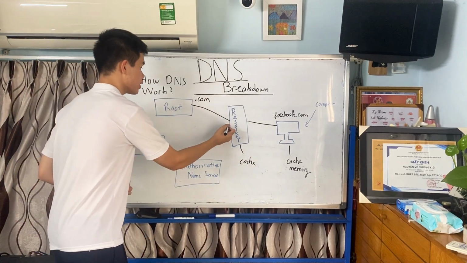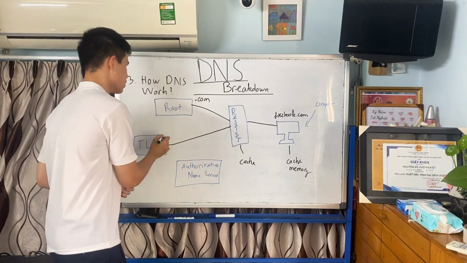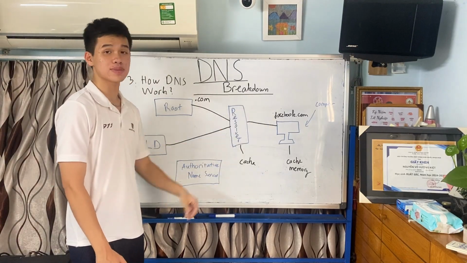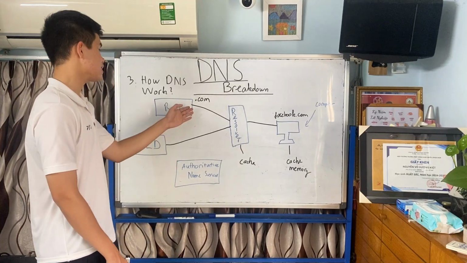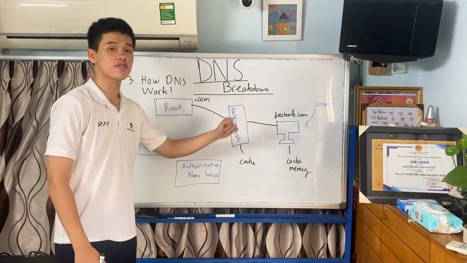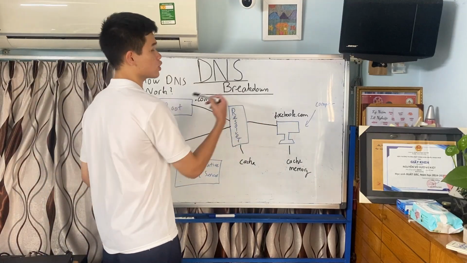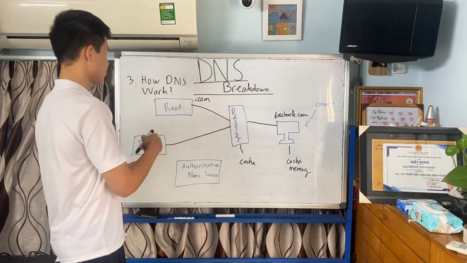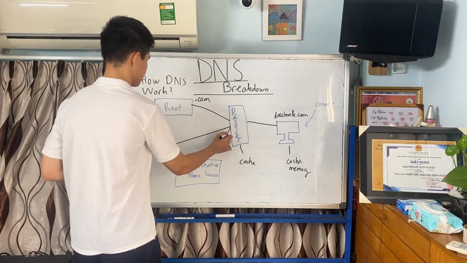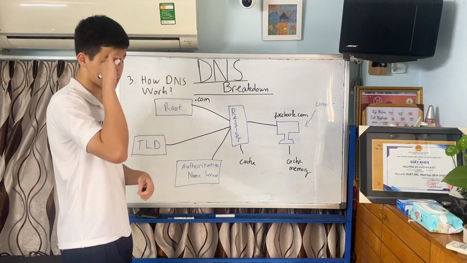And the resolver then will go to the .com TLD and ask, what is the IP address of facebook.com? And of course, the .com TLD will not know the specific IP address for facebook.com. And it will answer back, okay, so now I'm gonna send you to the authoritative name server.